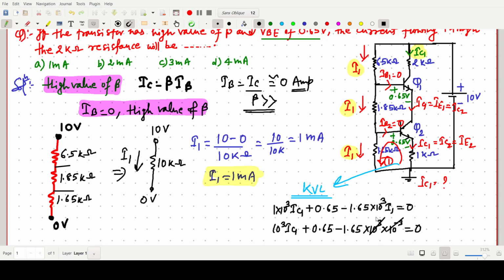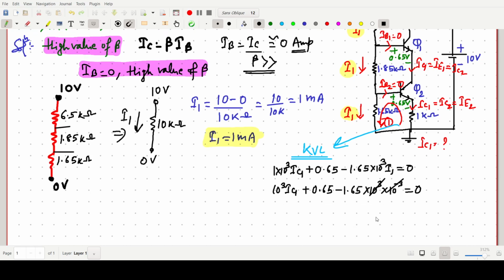So this and this should cancel out, so we can write 10 to power 3 IC1 minus, sorry, it should be minus 1 equals 0. So we can write IC1 equals 1 by 10 to power 3, which is basically our 1 milliampere.